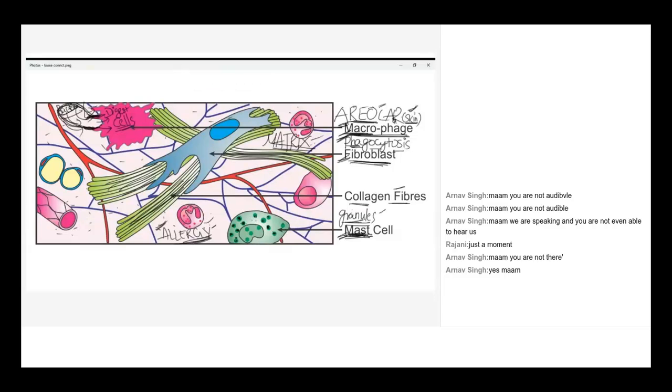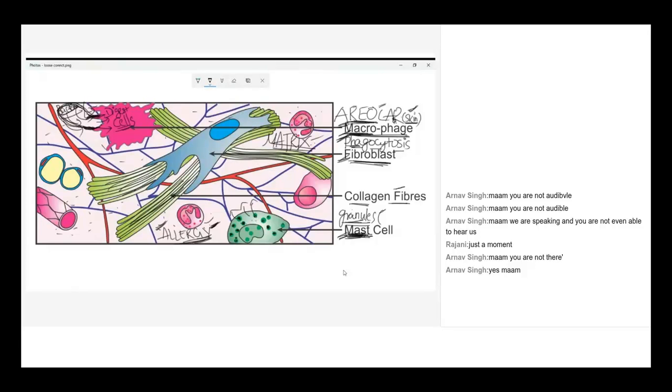What happens when you touch any odd thing? The granules in the mast cells on your skin will be released out. When your body does not feel favorable with the things you touch or take, you will develop allergy. So basically allergy is a condition where mast cells are involved.